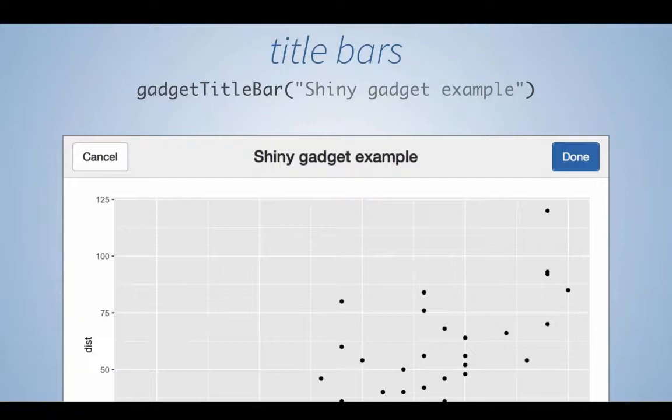It'll return by default an error, a user error. When someone cancels, the gadget doesn't really know what to return to the programming workflow. You can intervene and override what happens when someone clicks the cancel button if you want. The done button is an action button, it saves its result as input$done, and it's up to you to decide what happens when someone clicks on done. That'll be the next thing we talk about.